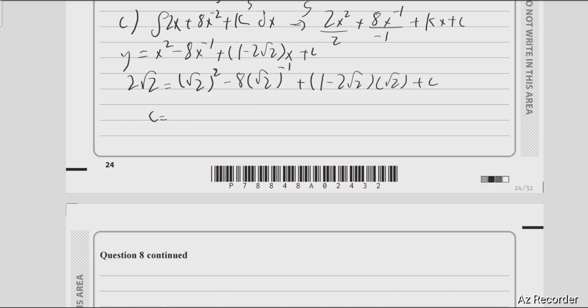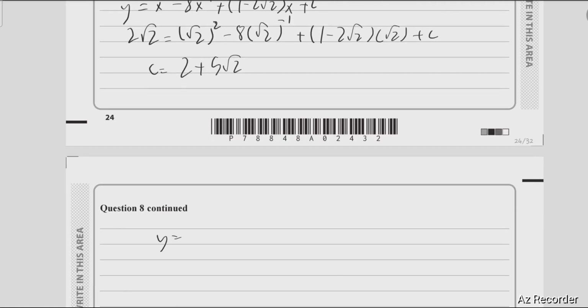Minus 8. So c is equal to 2 plus 5 root of 2.